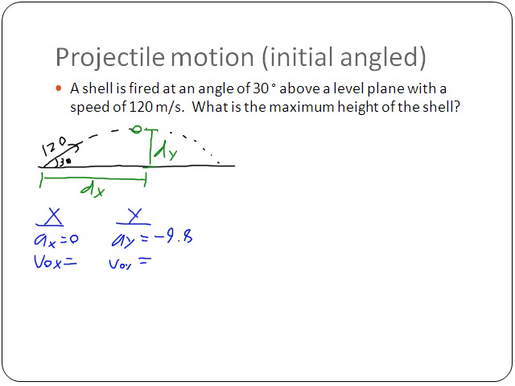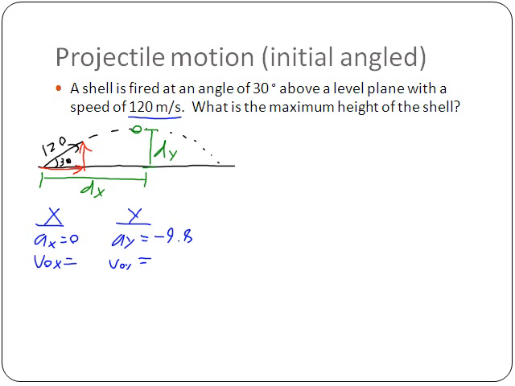Previously we just looked at the problem to find v naught x, but in this case the speed of 120 meters per second is not traveling in the x direction as it was in our previous examples. In this case, it's angled. Since it's angled, we are going to have to take that 120 and break it into two components, an x component and a y component.